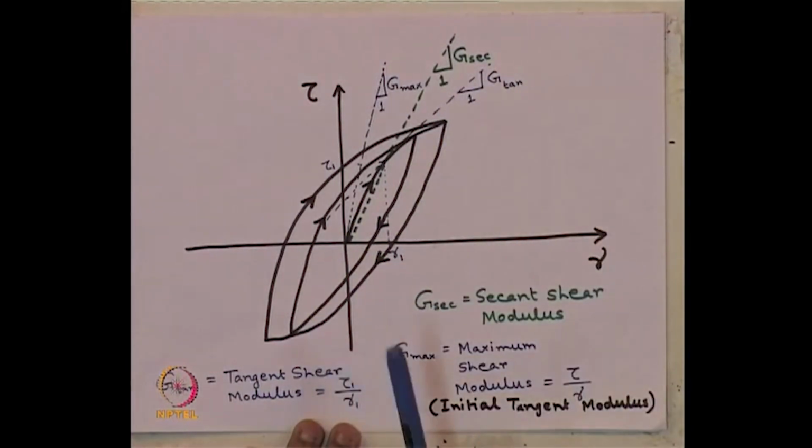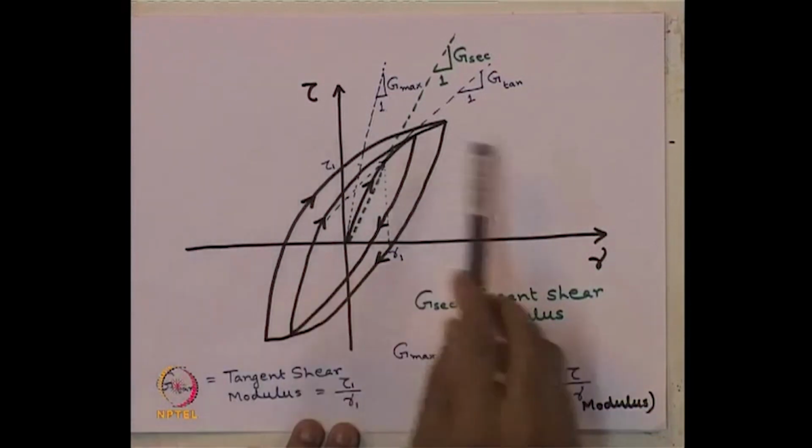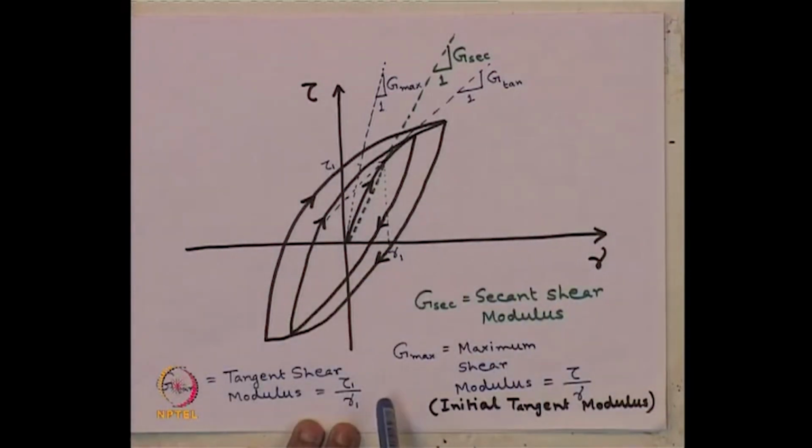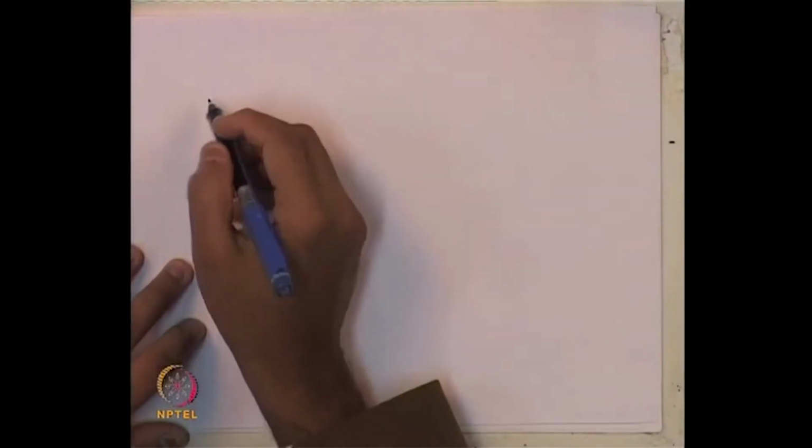However, if we want to do a proper dynamic analysis, which value of G should we consider? Looking at these three different types of shear modulus, that is maximum shear modulus, tangent shear modulus and secant shear modulus, which one should we consider? We know dynamic analysis can be classified in three major categories.